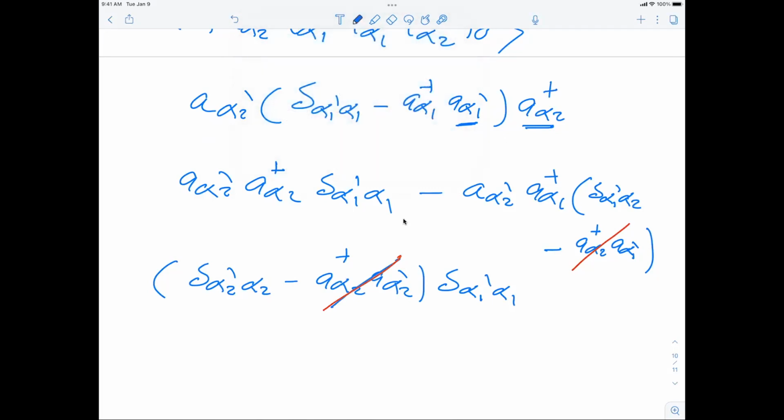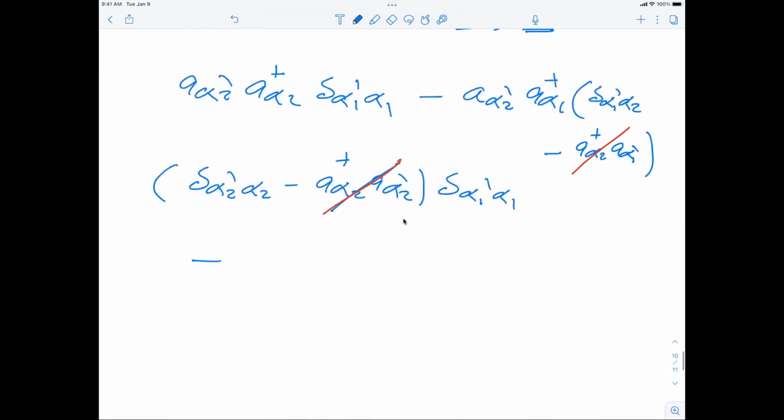Then the next thing we will do is to look at the term which we have here. So we will get a minus. And now we have a Kronecker delta of alpha 1 of alpha 2 prime minus, and then I have an A alpha 1 dagger.